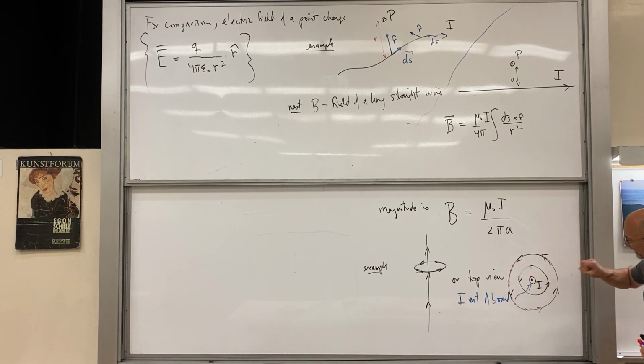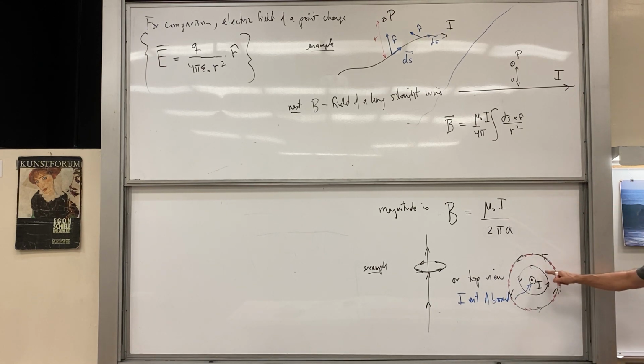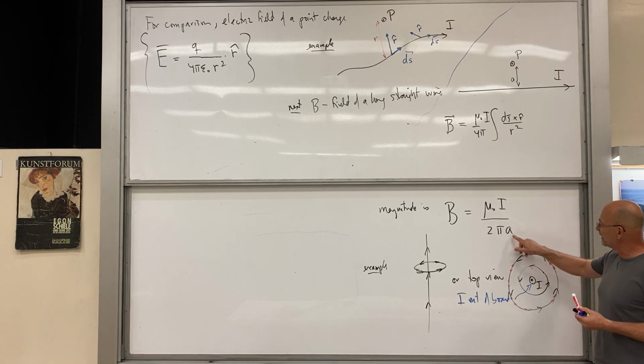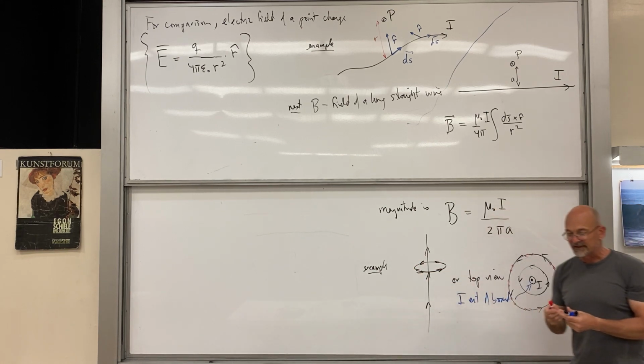So what we do is sprinkle iron filings on the plexiglass plate with the long straight wire coming out, and the iron filings will arrange themselves in little circles. Compass needles would also do the same thing. Iron filings do, and that's the proof that that's the field of a long straight wire. A is this distance from the wire, so the further out you get, the weaker the field gets.